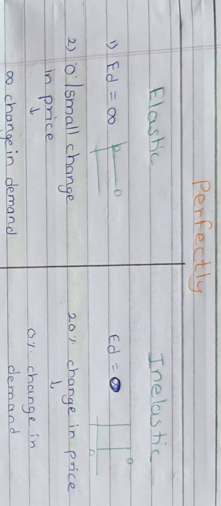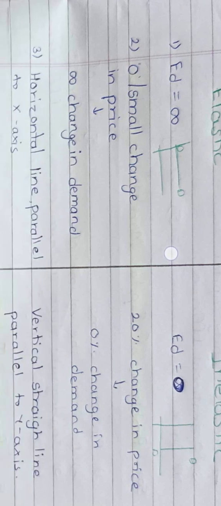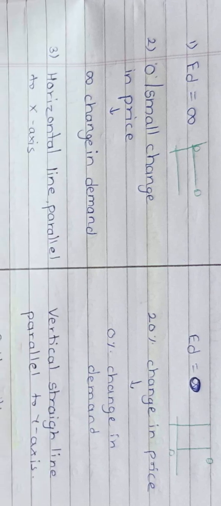Perfectly elastic demand and perfectly inelastic demand. Perfectly elastic demand, where a zero or small change in price results in an infinite change in demand, where elasticity of demand is unlimited. And here the graph is a horizontal line parallel to the x-axis.